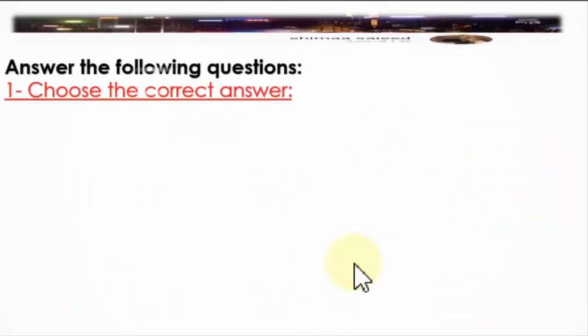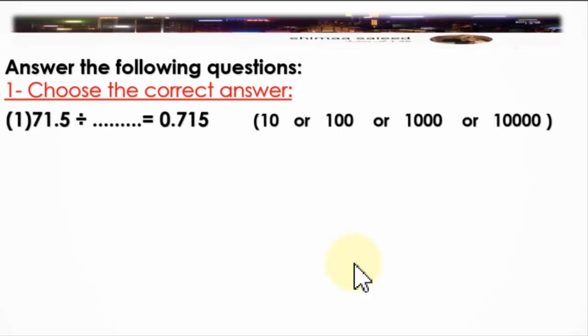Now another test. Answer the following question. Choose the correct answer. 71.5 divided by unknown number equals 0.715. What do you note? The decimal point moves 2 places to the left, so this number is divided by 100.